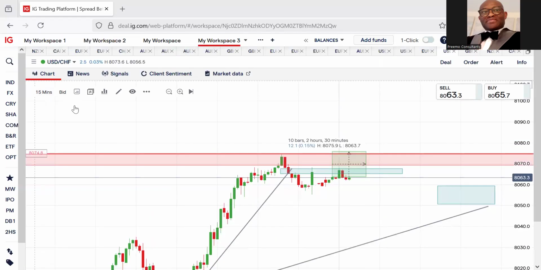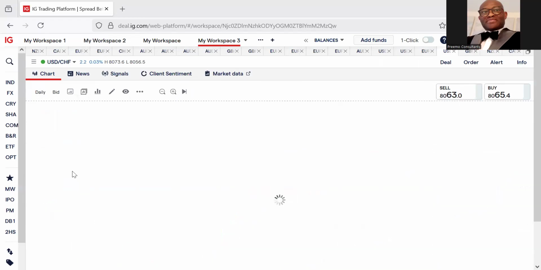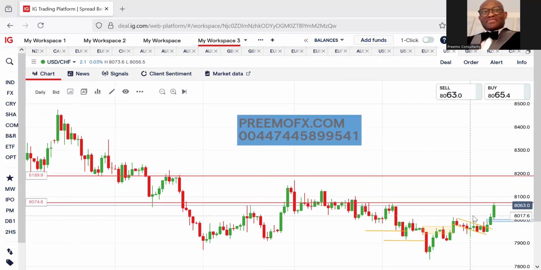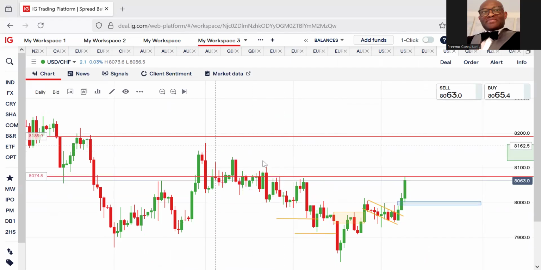This is the sell for USD for the 10th of October. It came all the way from the daily chart. We saw that the daily chart trended down, and now it's retracing back to the first resistance level.